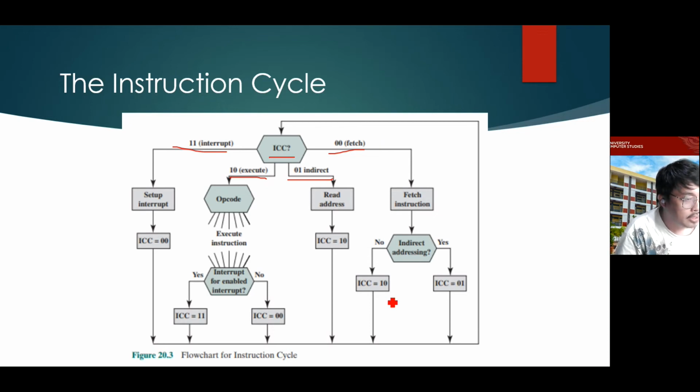Mas complex siya kaysa dito. And in any case, we have reached the point in our lesson that the operation of the processor is defined as the performance of a sequence of micro operations. Now, we can consider how the control unit causes the sequence to occur.